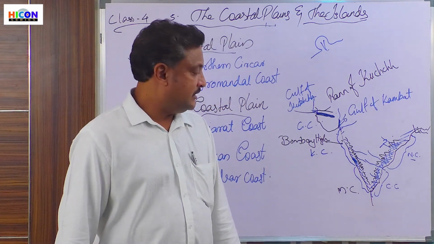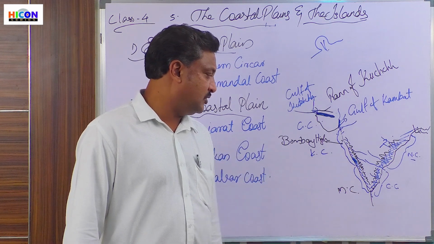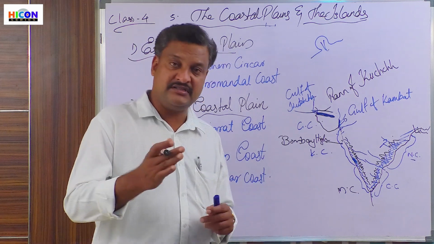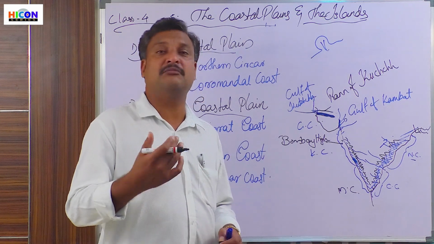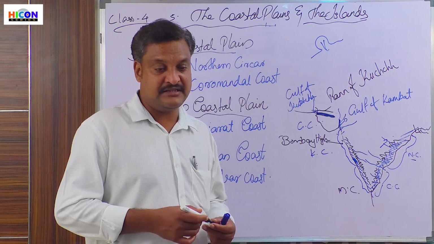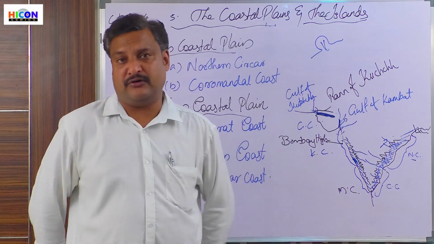Okay. When we compare this, Konkan coast is narrower, and the Malabar coast is wider. In the Konkan coast, almost all the mountains run right into the ocean, into the sea. Right? Then this region receives heavy rainfall.